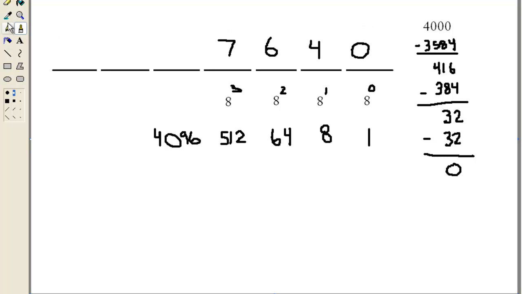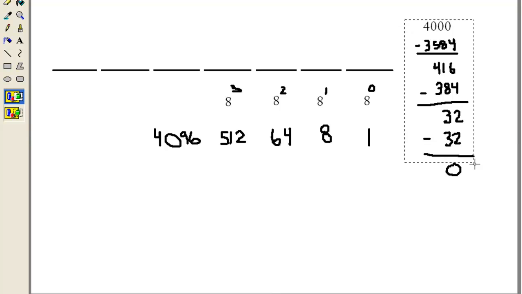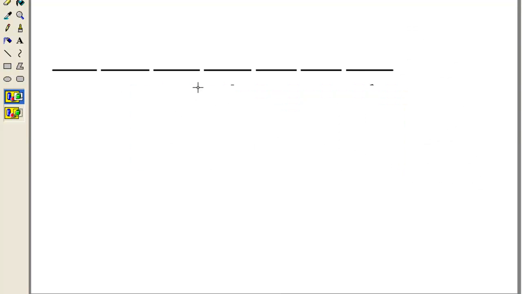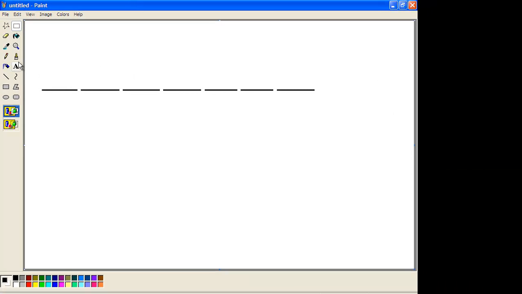Now finally, let's go to base 16. Okay, let's clean up the workspace again. Now, base 16 is a little bit weird, mainly because in all the other bases that we've worked with so far, we count up to 1 less than the base. But in base 16, we can't really represent a 15 in a place value like this. Otherwise, we wouldn't know if this 1 was part of this place value or part of this value.